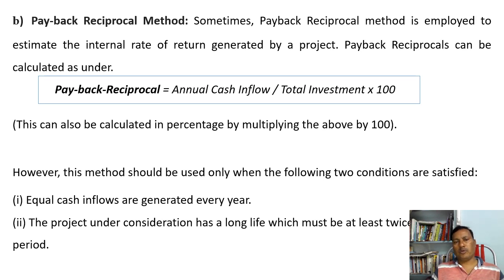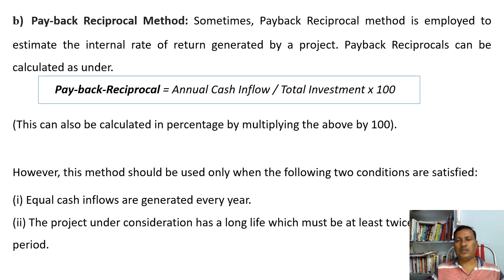You just have to reverse the payback period formula, and you will get the payback reciprocal. It can also be calculated in percentage so that we can easily compare the project with other projects.